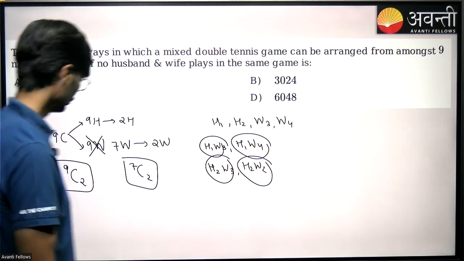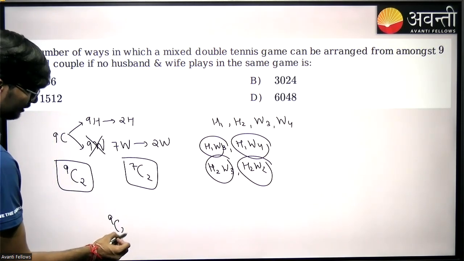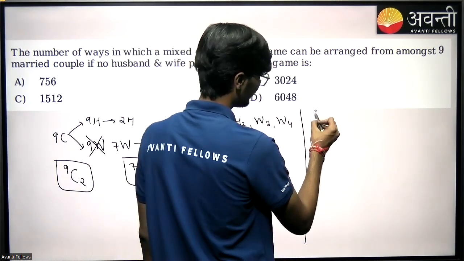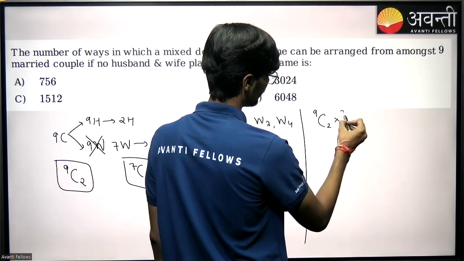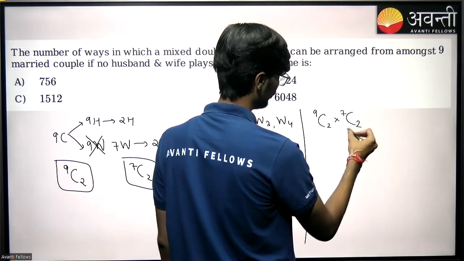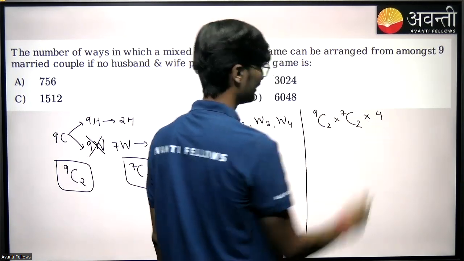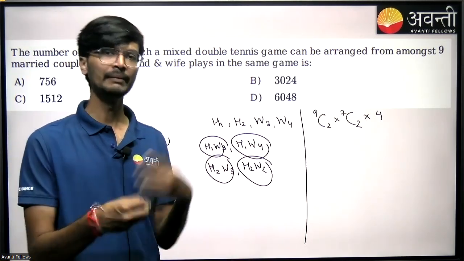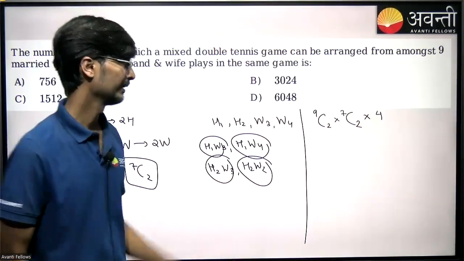Correct? So the final answer will be 9C2. Let me write it there. Selecting 2 husbands, selecting the 2 wives, and the number of arrangements of them will be 4, as you can see here. Or the number of teams made. We can make 4 teams from the selected 4.